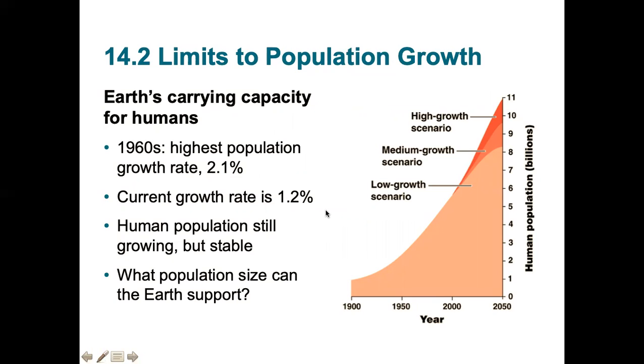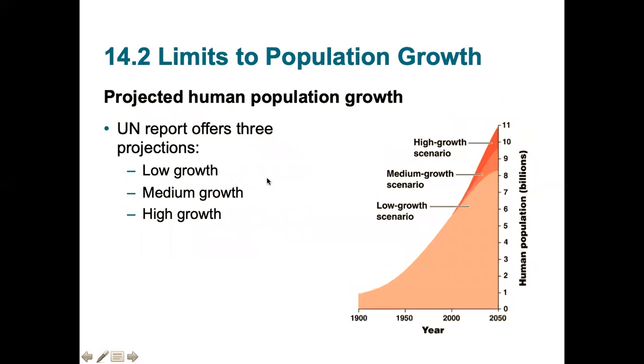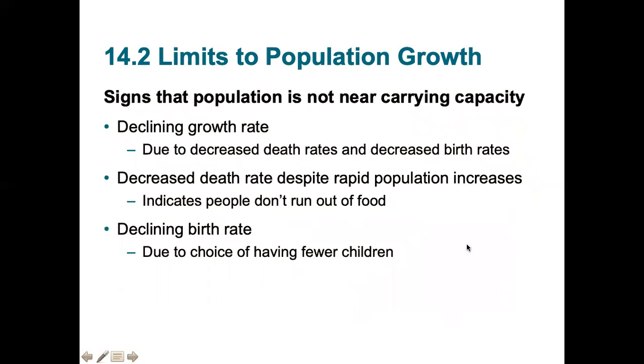So when we're trying to predict what Earth's carrying capacity is, how many people can the Earth support? You kind of have to think about what potential populations we might have. We might have a low growth rate, a medium growth rate, or a high growth rate. And determining when a particular population is near carrying capacity, we can use a few things.